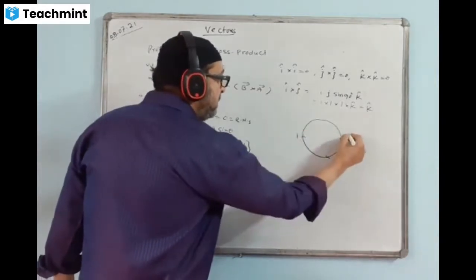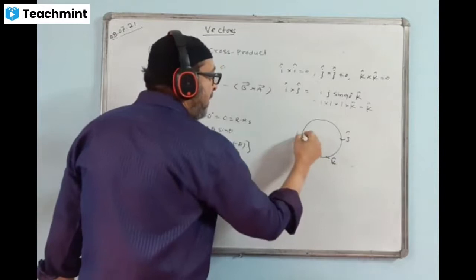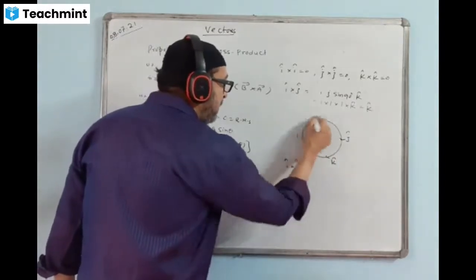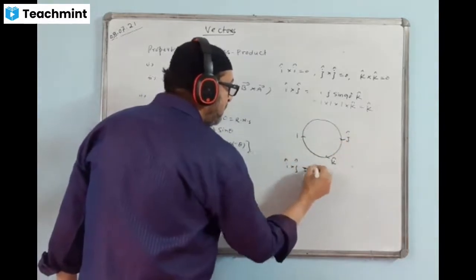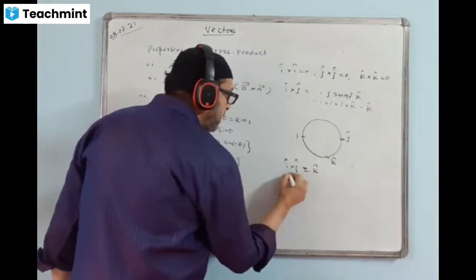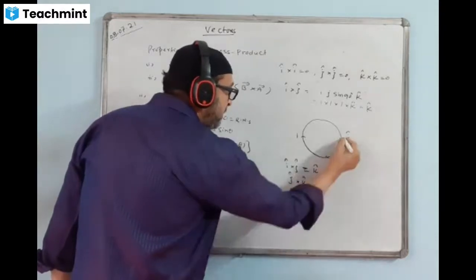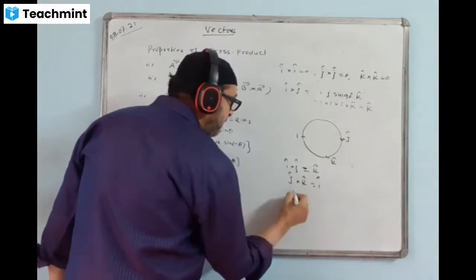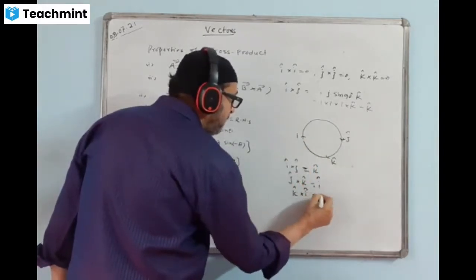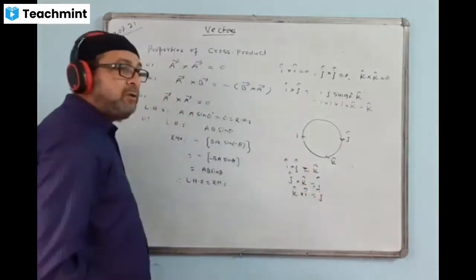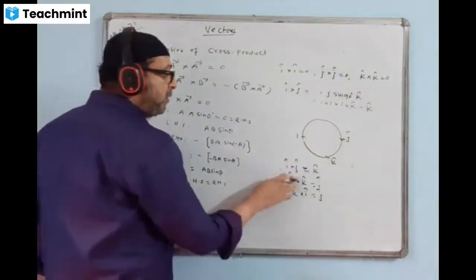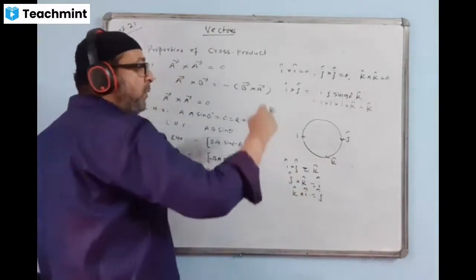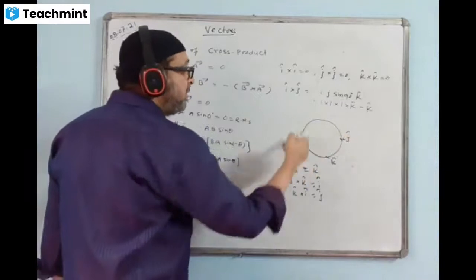This is i, this is j, this is k. i cross j is equal to k. j cross k will be equal to i. k cross i, in the same clockwise direction, will be equal to j. Whatever is missing, that is the result. But if we do the opposite, that is j cross i, when you reverse the order, it will become minus k.